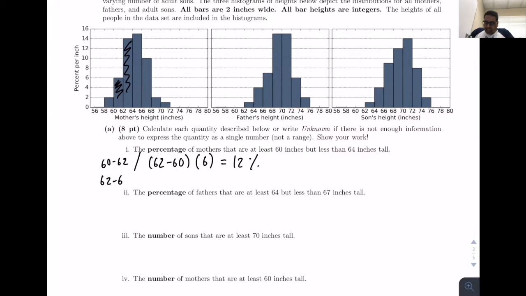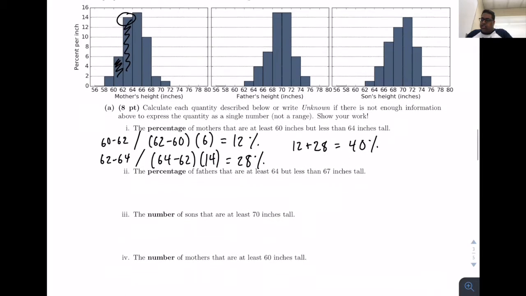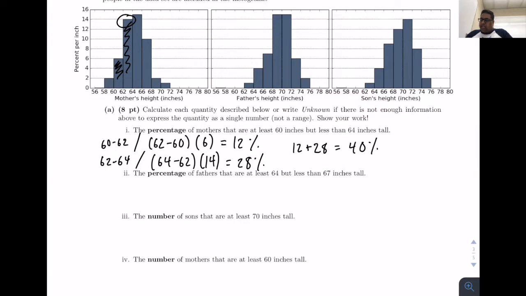And 62 to 64, we have, well, again, 2 will be our width, and our height will be 14. So we add that up, and we will get 14 times 2, which is 28%. So our total should be 12 plus 28, which is 40%, which is the percentage of mothers that are at least 60 inches, but less than 64 inches tall.